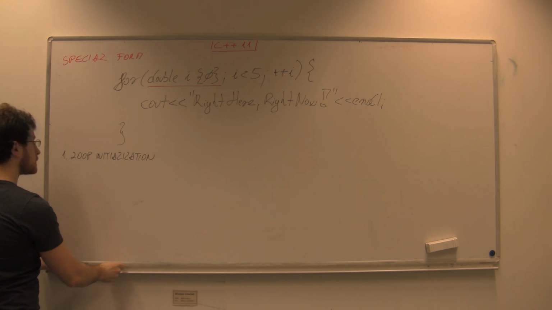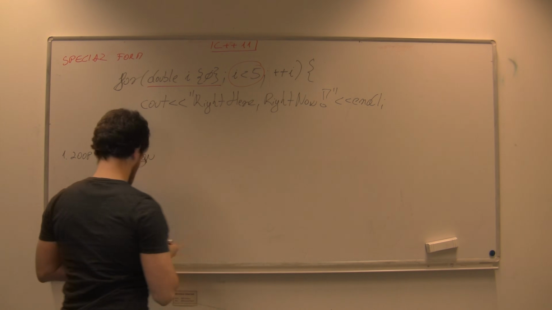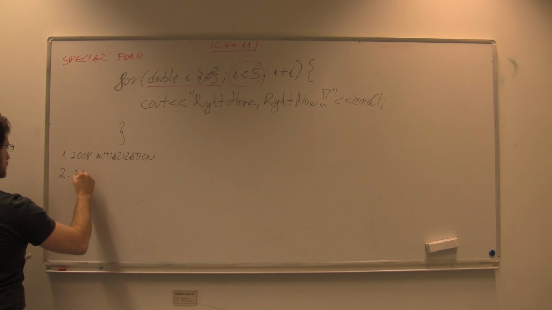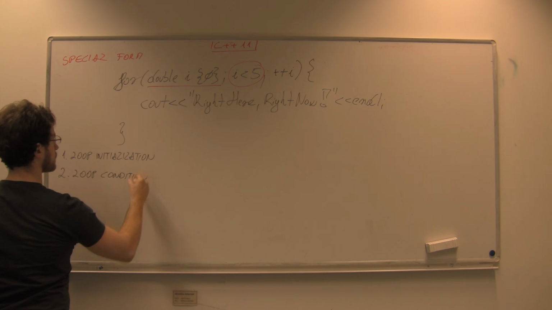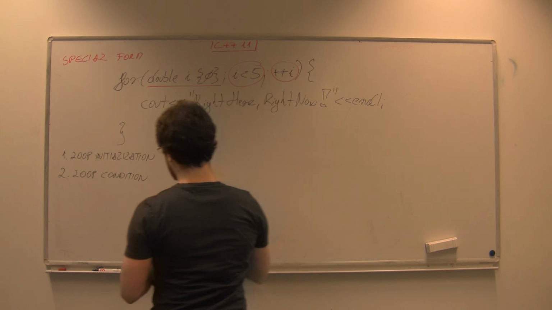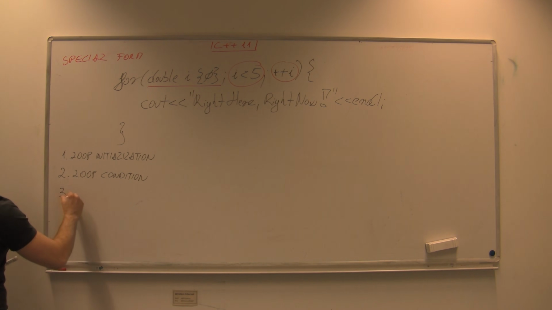The second part is this, and we will call it loop condition. Finally, the third part is something that we call loop increment.